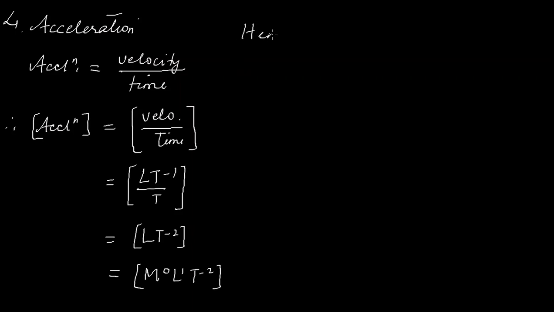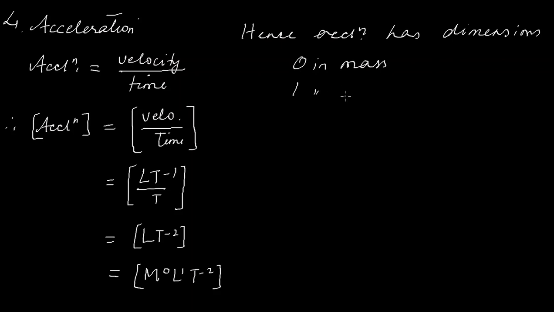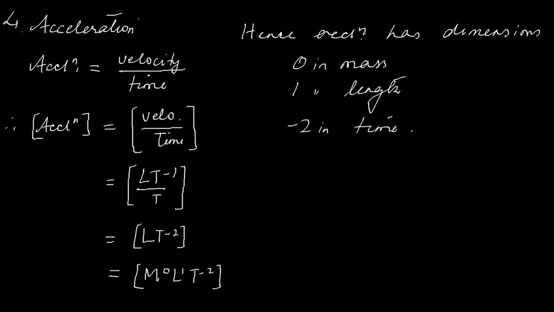Hence acceleration has dimensions 0 in mass, 1 in length, and minus 2 in time. Is that okay? Let's go further. What number was that? Number 4. So this will be number 5.